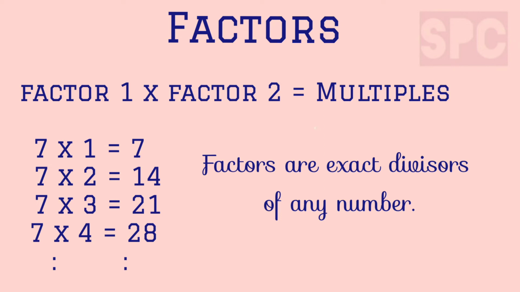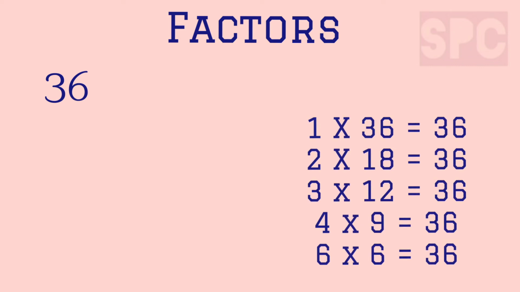Let's take another example, number 36. Now this number can be written as the product of 1 into 36, 2 into 18, 3 into 12, 4 into 9, 6 into 6.